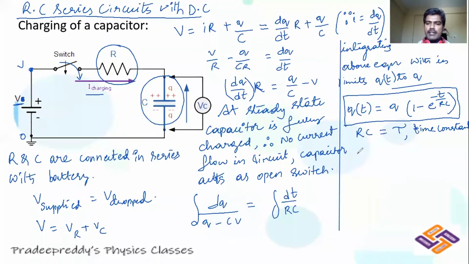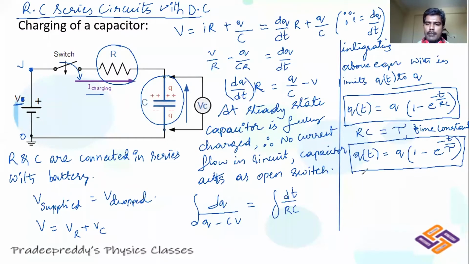So Q of t is equal to Q into 1 minus e power minus t by tau, where tau is equal to RC. It is the time constant of the circuit. Remember this: the dimensions of tau, as we are considering it as the time constant, are equal to the dimensions of time, that is t.